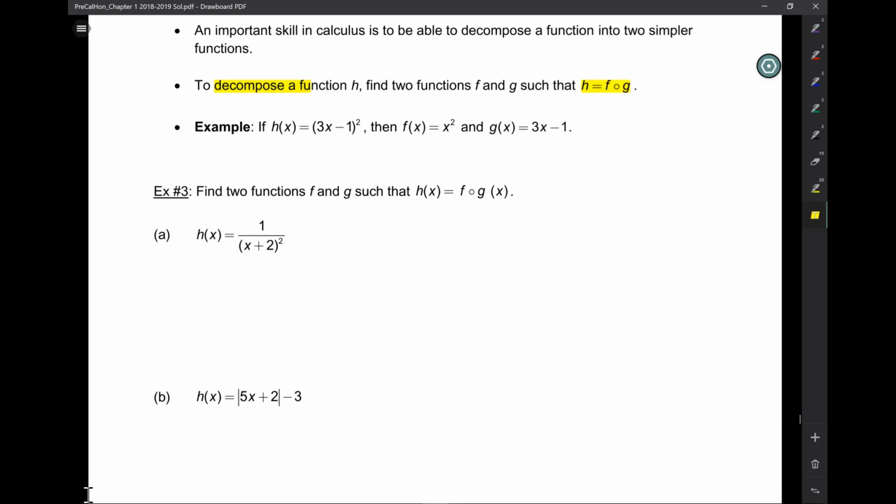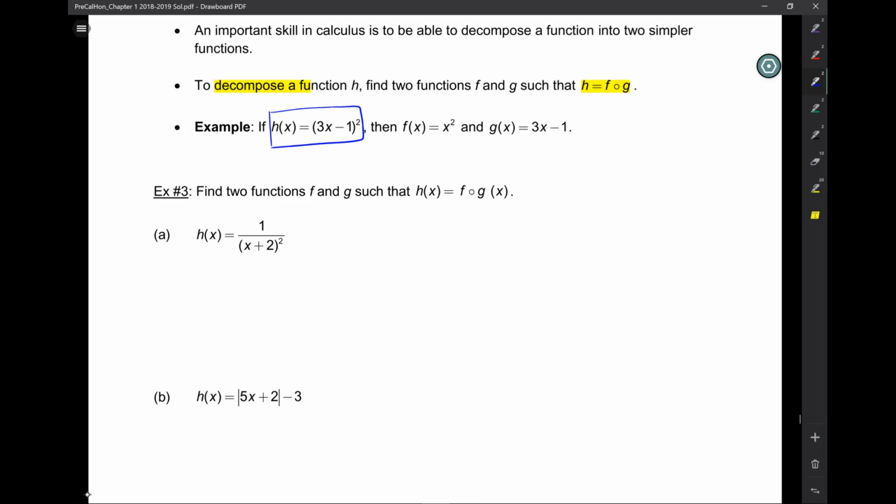For example, what on earth do I mean? Take a look at this. This is h of x, 3x minus 1 squared. This is made up of 2 different functions. So if you zoom out to the outer function, what do you see at the very edges? You have something squared, right? What's a parent function that looks like something squared?